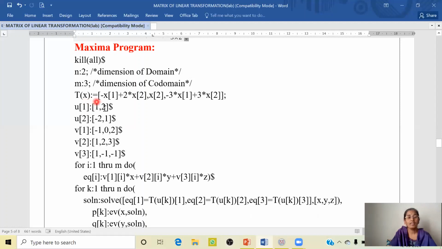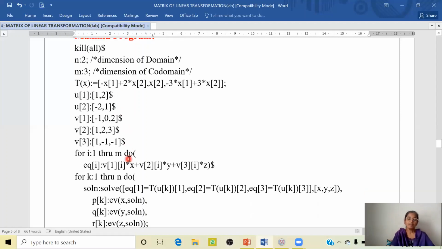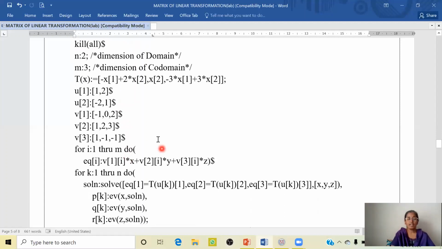Once again colon equals. Put u1 and u2 as the basis elements of V2R, b1, b2, b3 as the basis elements of V3R.